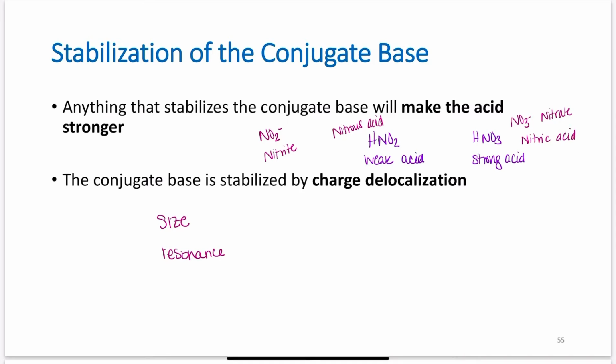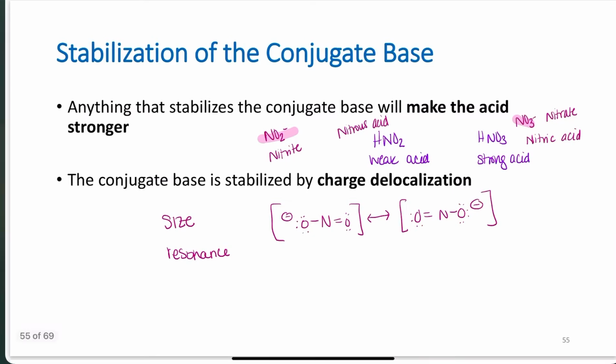And if we think about the resonance structures of the conjugate base, so if I lose a proton, it's going to form this or this. NO2 minus has 2 resonance structures, whereas NO3 minus has 3.